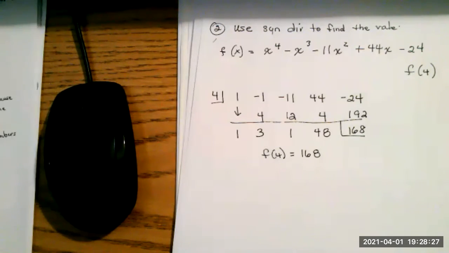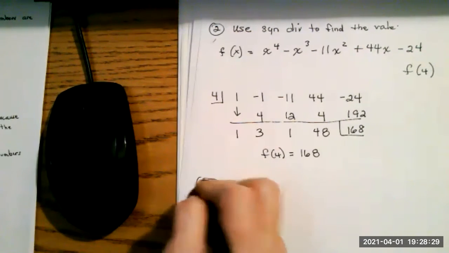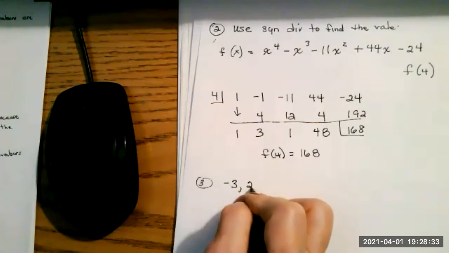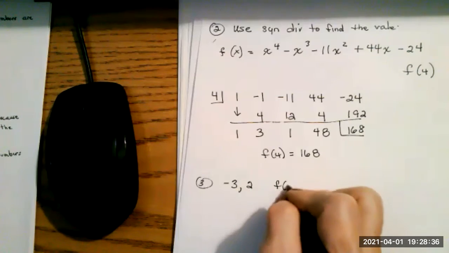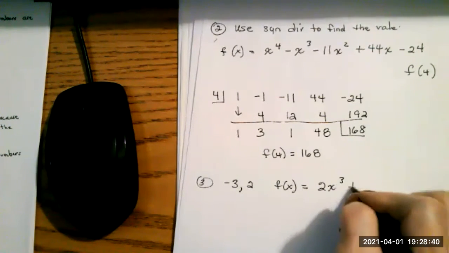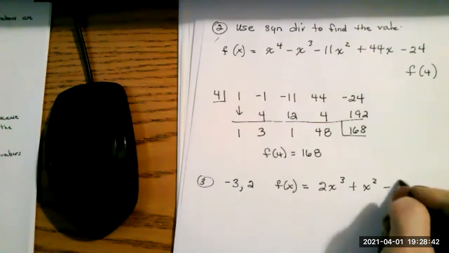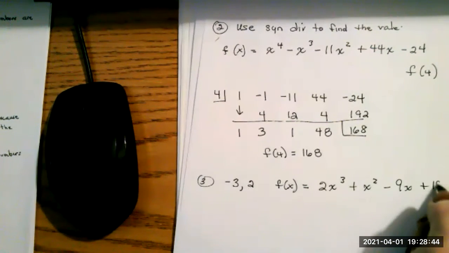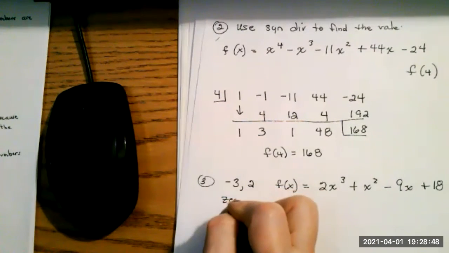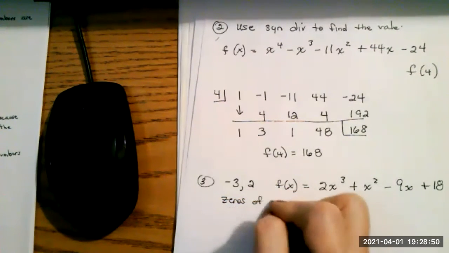Okay. Let's do number 3. It says they're going to give you -3 and 2, and f of x equals 2x cubed plus x squared minus 9x plus 18. And they want to know if there's zeros of the function.